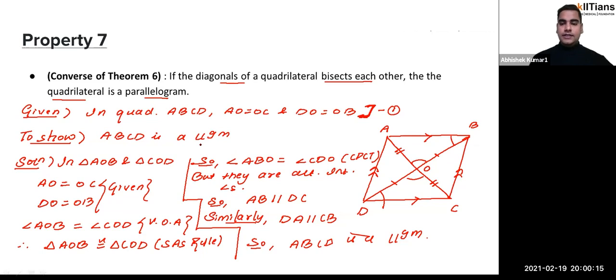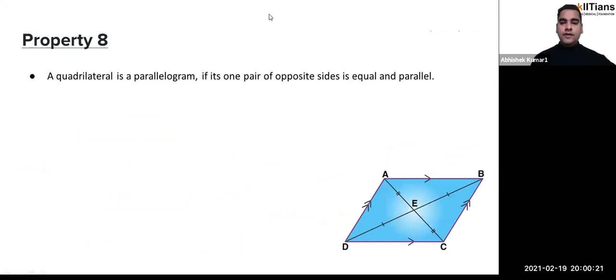Is it done? Does anybody have any doubt in this? No doubt? All right. So now we have: a quadrilateral is a parallelogram if one pair of its opposite sides is equal and parallel. So let's say we have AB parallel to CD and we also have AB equal to CD. So what are we given here?